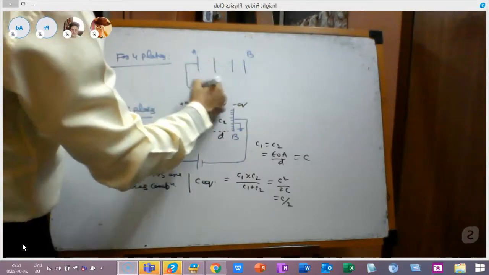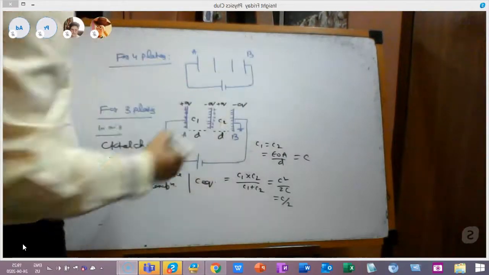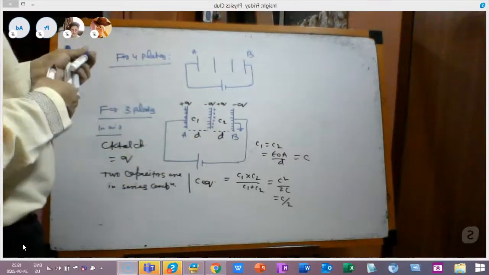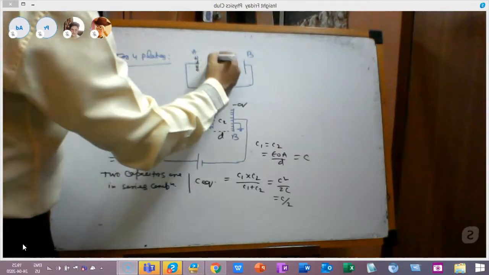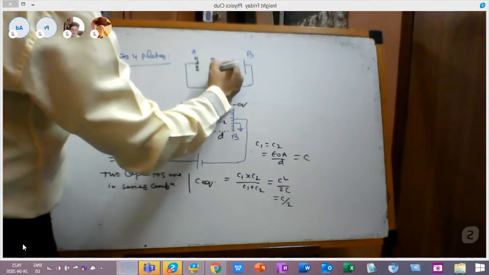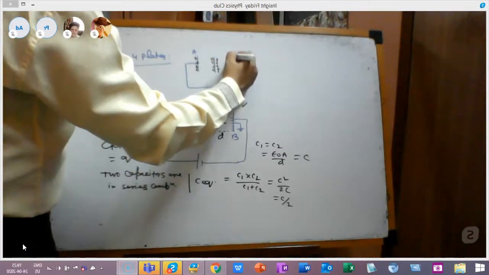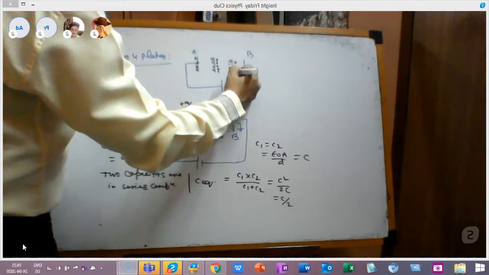We will join them by a battery again in the same manner, and then go for charge distribution. In that charge distribution, this will get plus charge only. This is minus, this is plus, this is minus, this is plus.